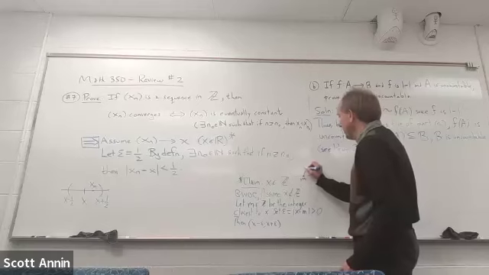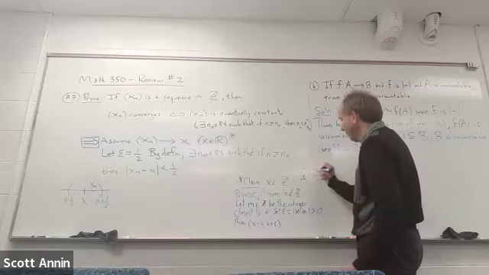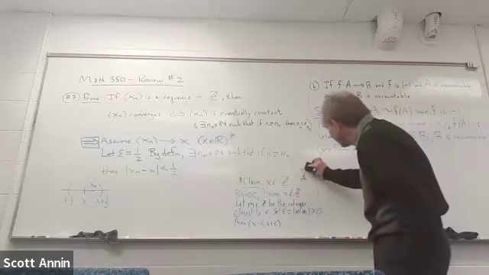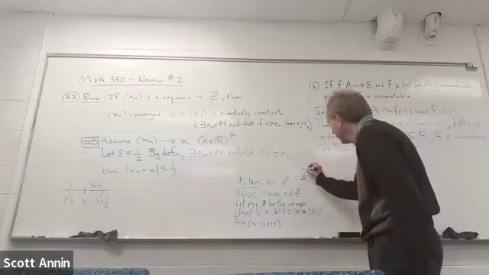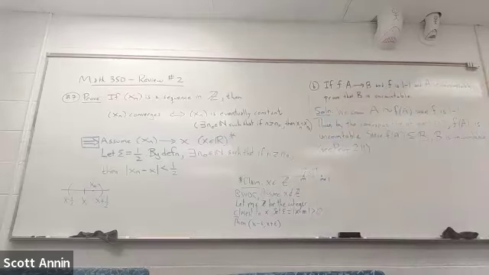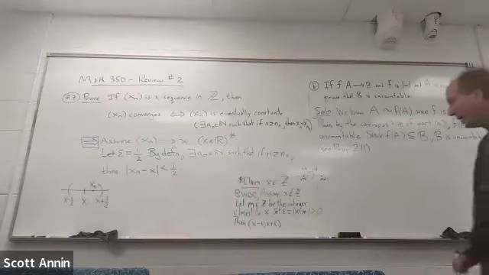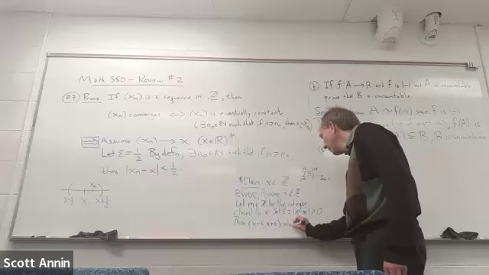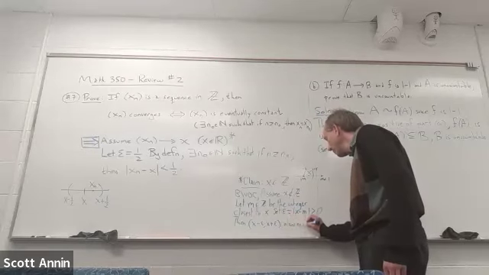So this is x minus epsilon and x plus epsilon right there, right? So you're making a neighborhood of that radius. This contains no integers.